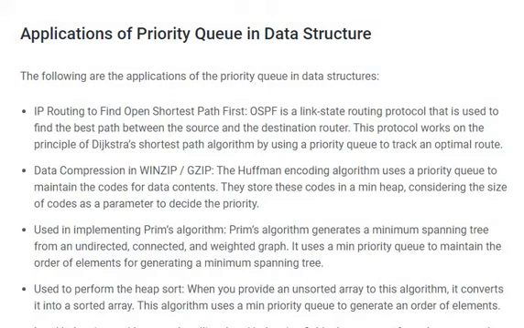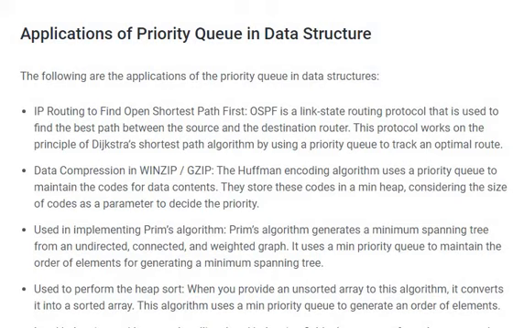So we have Huffman encoding algorithm. It uses a priority queue to maintain the codes for data elements, and is used in implementing Prim's algorithm for minimum spanning tree, and used to perform heap sort.